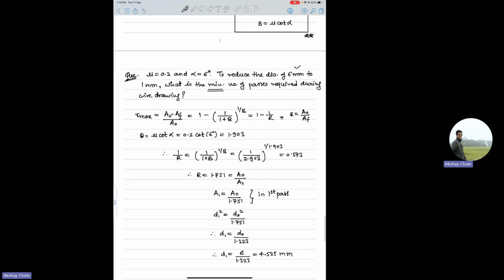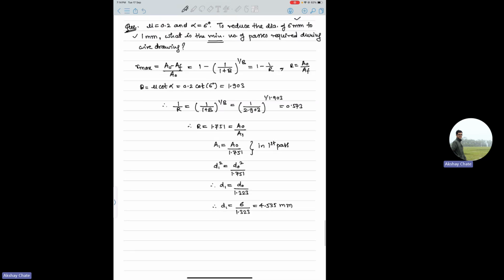Now they are asking after how many passes the final diameter will be 1 mm or less. So we use dn equal to d naught by 1.323 power n, because in each successive draw the diameter will go down by the same factor.